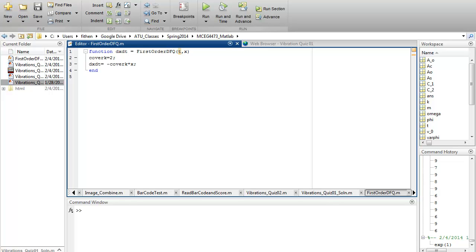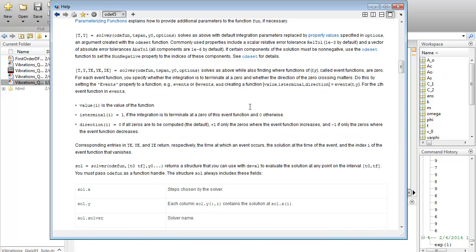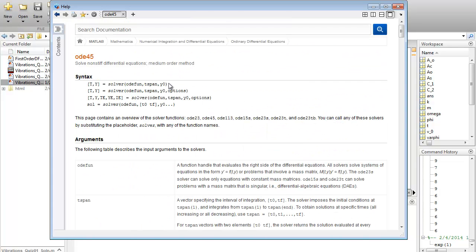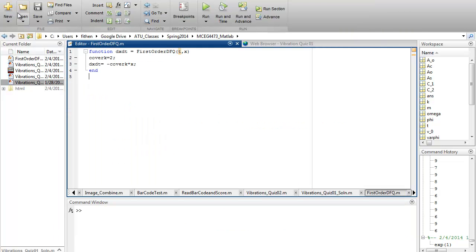Okay, now what I want to do is make sure that I'm calling it with the sequence that you would use to do ODE45. So I want it to look like this. So I'm going to call just like this. I'm going to copy this. And now I'm going to go over and create something new here. It doesn't matter what I call it.